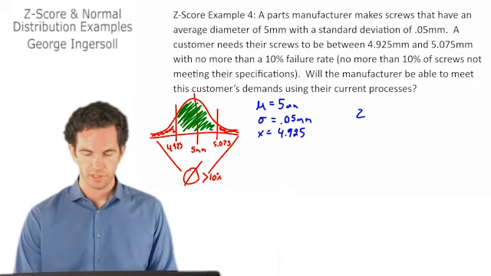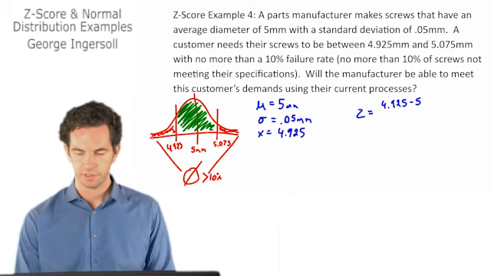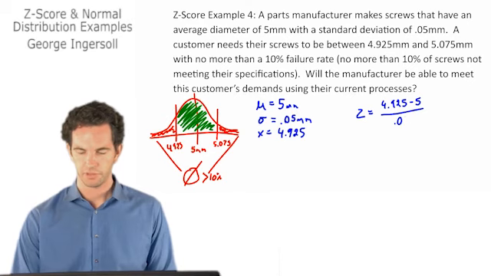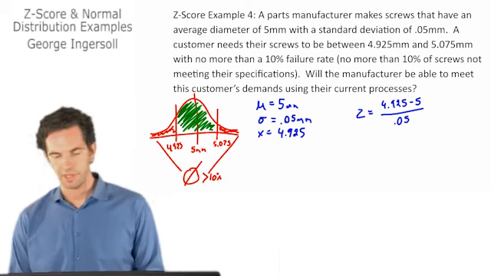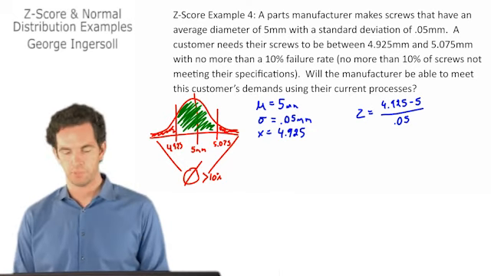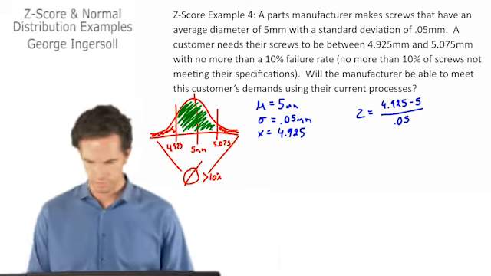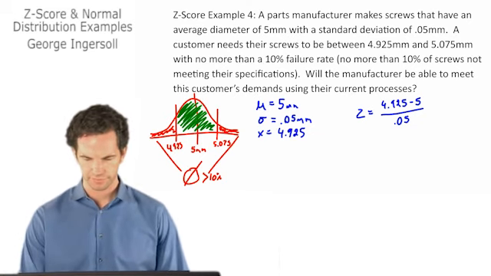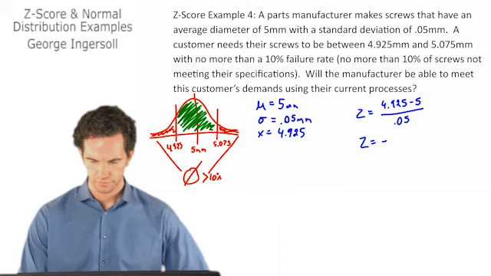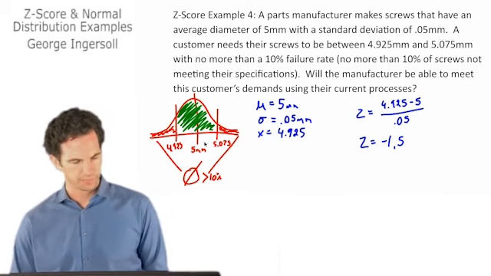So we say z equals 4.925 minus 5 divided by 0.05. Solving for that, we get negative 0.075 divided by 0.05, and so our value is going to be negative 1.5. Let's look that up in our z-table.